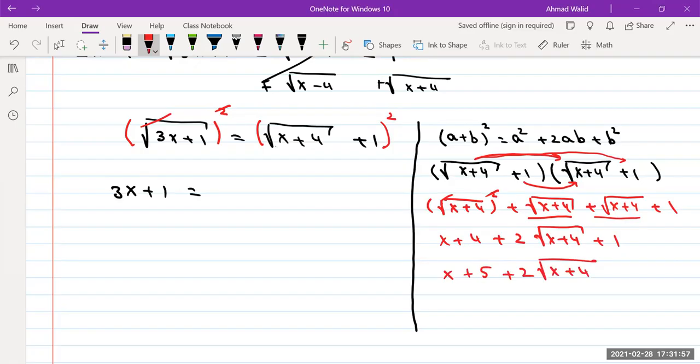If I use the (a plus b) squared formula, I'll end up with the same thing. Correct? Just copy this answer here: x plus 5 plus 2 square root of x plus 4.